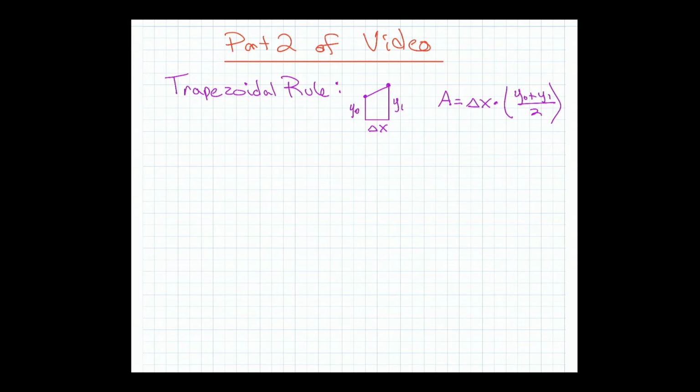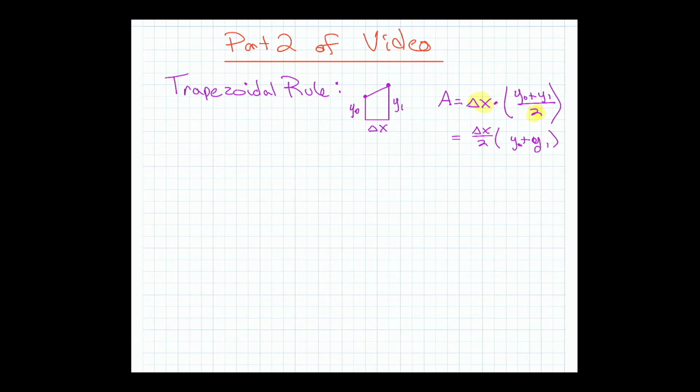Okay, and that's the area of a trapezoid. And something you can do is take that 2 and move it over with the delta x, and you could write the formula as delta x over 2 times parentheses y0 plus y1. That's another way to write it.